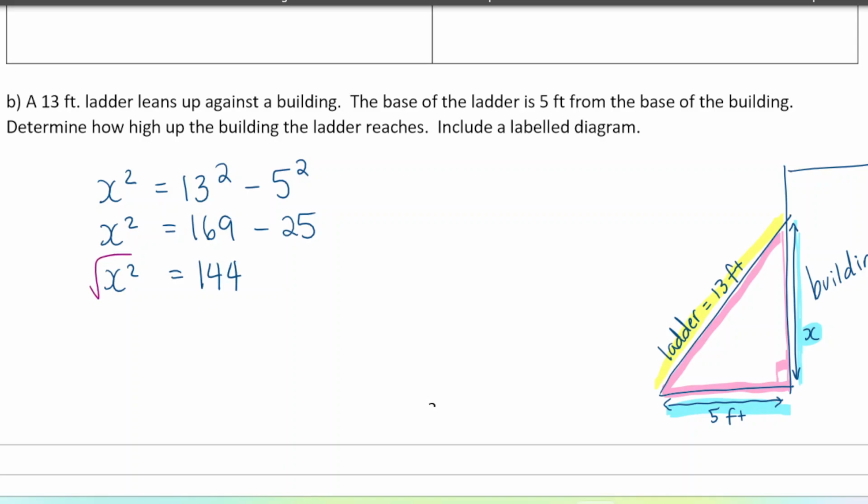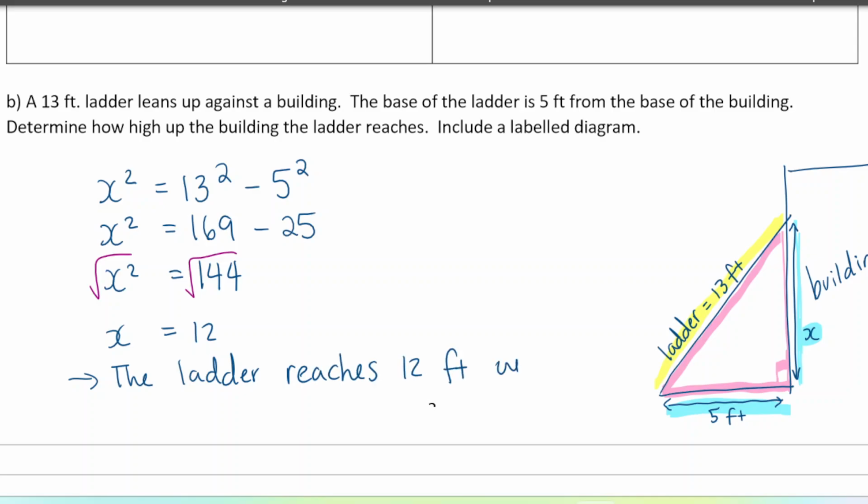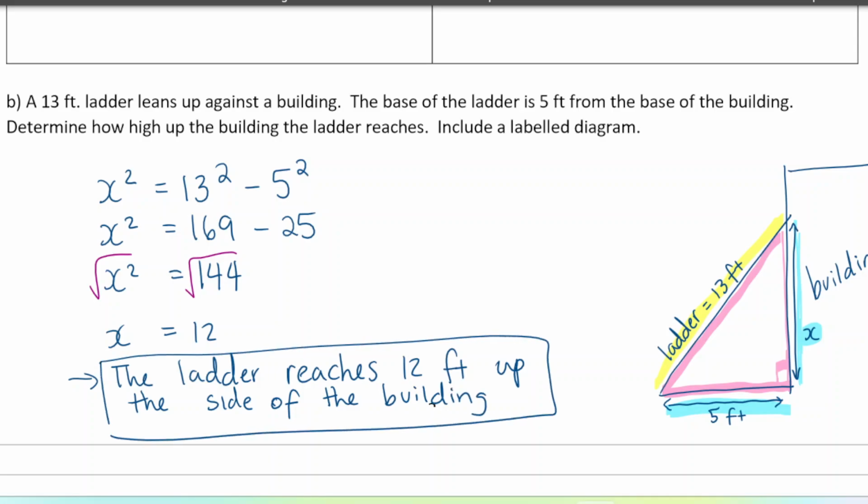And then to get the length x, I'm going to take the square root, the opposite of squaring, and I'm going to get 12. So we write a sentence because it is a word problem. The ladder reaches 12 feet up the side of the building. And there we go. That's the end of the lesson.